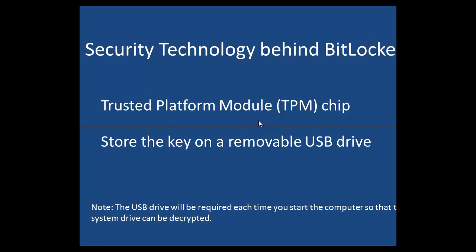But if you have a computer that does not have a TPM chip, you can still be protected using BitLocker because you can store the key on a removable USB drive. But if you do that, the USB drive will be required each time you start the computer so that the system drive can be decrypted.